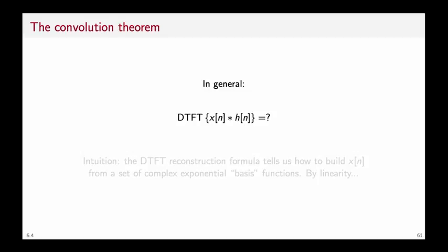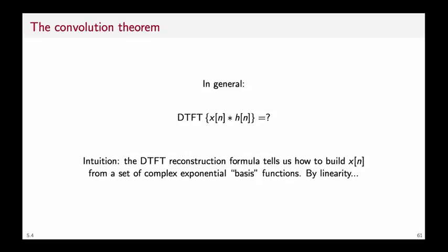The convolution theorem tries to generalize this result by asking the question, what is the DTFT of the convolution of two sequences? Or in other words, what is the DTFT of the output of a filter? The intuition here is that the DTFT reconstruction formula tells us that any signal is made up of infinitely many sinusoidal components of the form X(e^jω) times e^jωn.